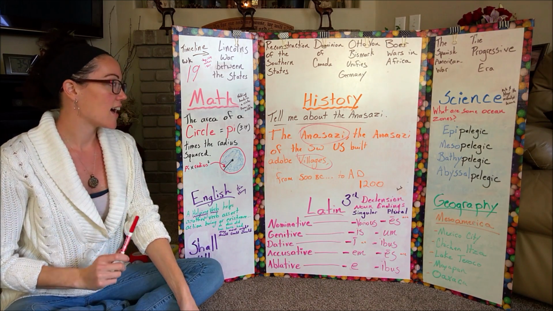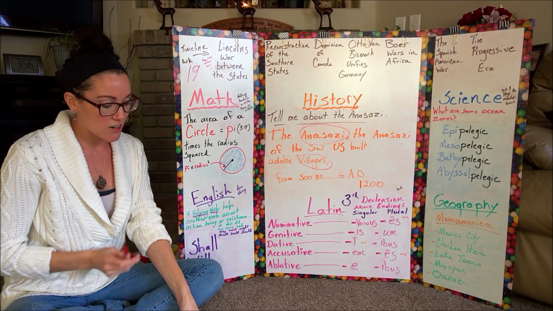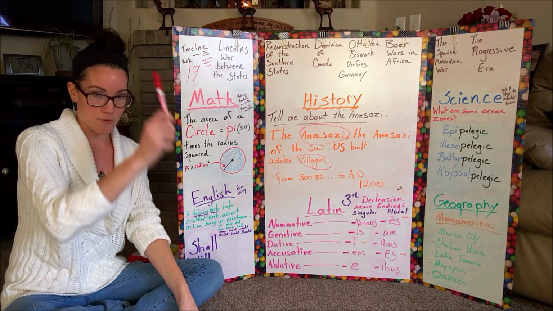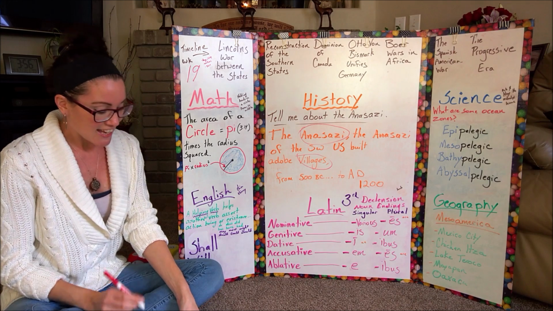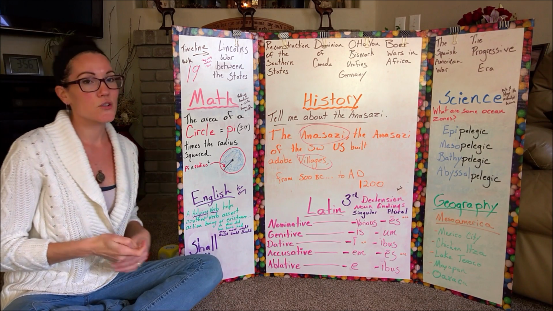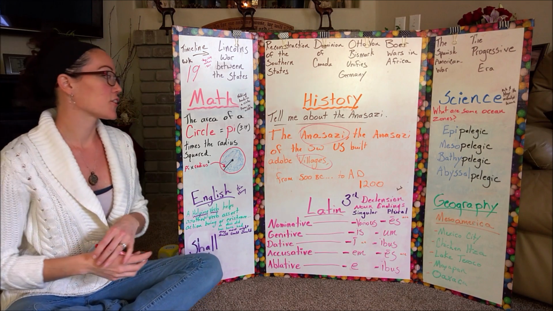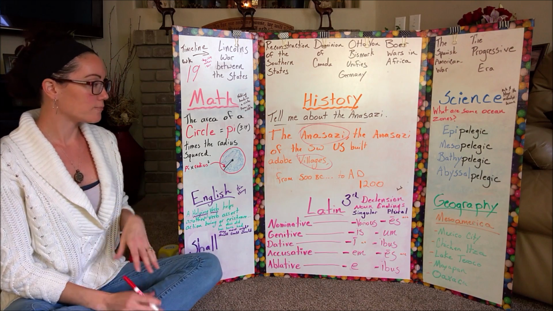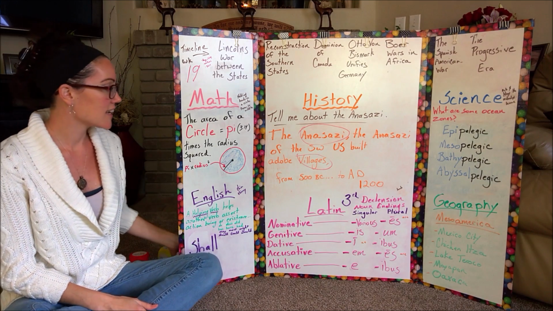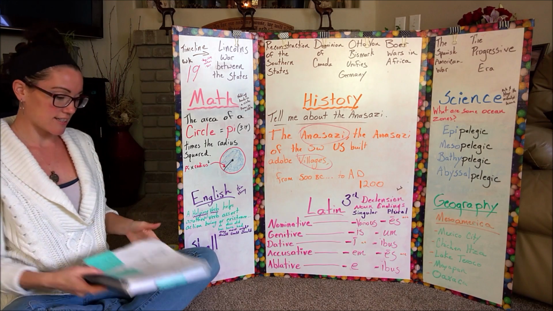The Anasazi of the southwestern United States built adobe villages. Everyone would jump on villages, in caves and on the sides of cliffs from 500 BC to AD 1200. And then I would circle some more and we would go through it again. And that's history.